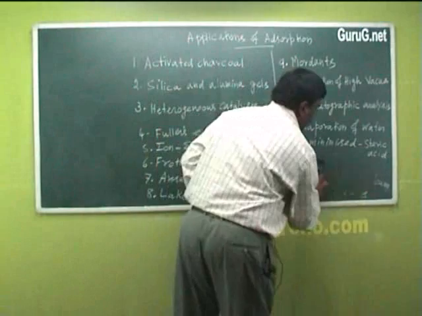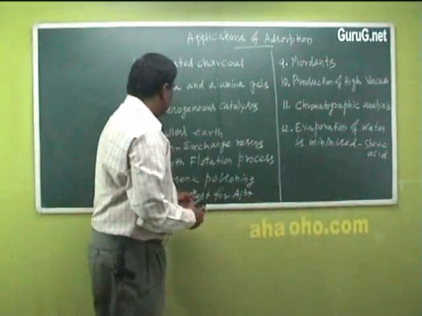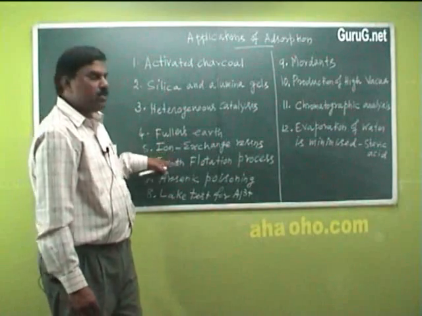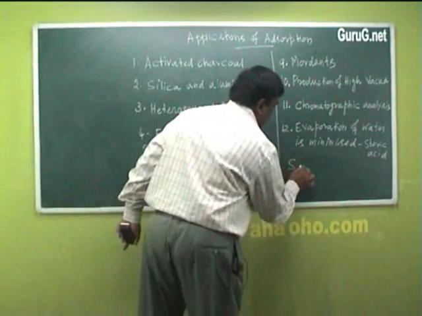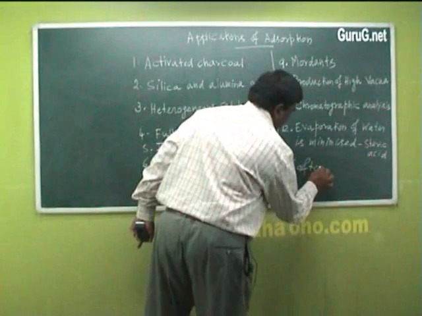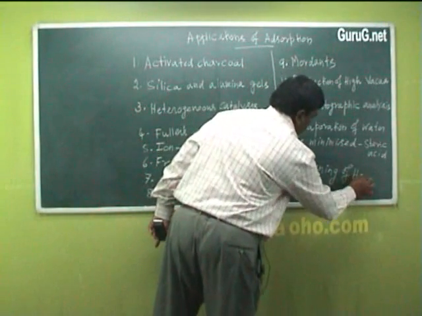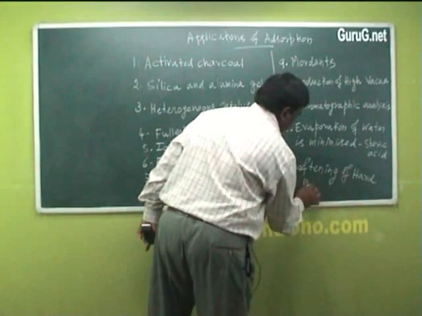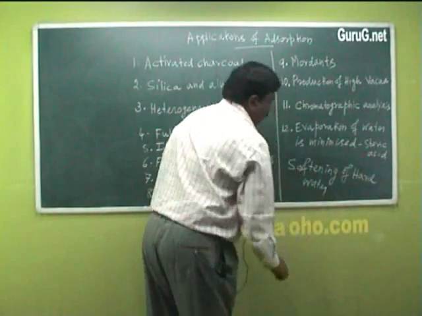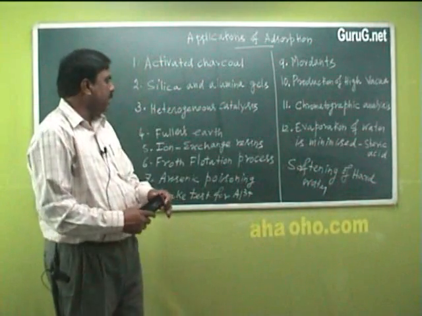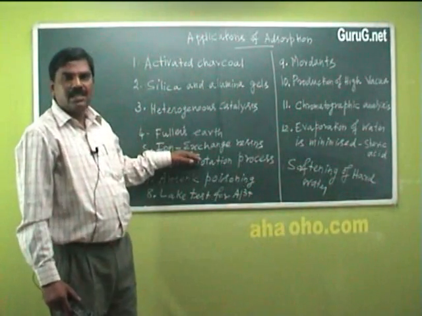Another application of adsorption is ion exchange resins. Ion exchange resins are used for the softening of hard water. There are two types of ion exchange resin: cation exchange resin and anion exchange resin.